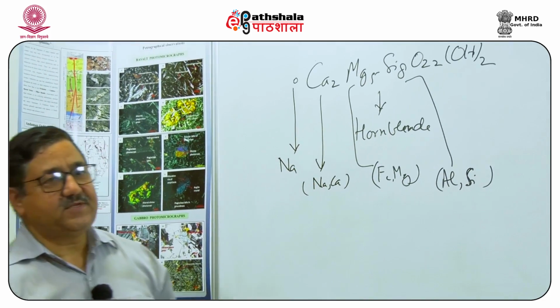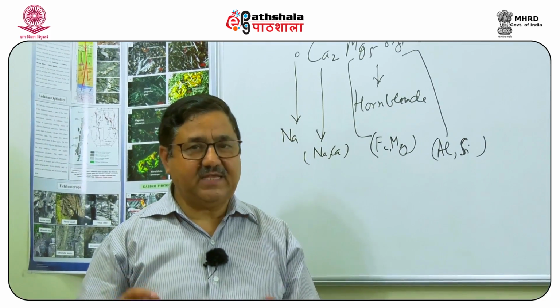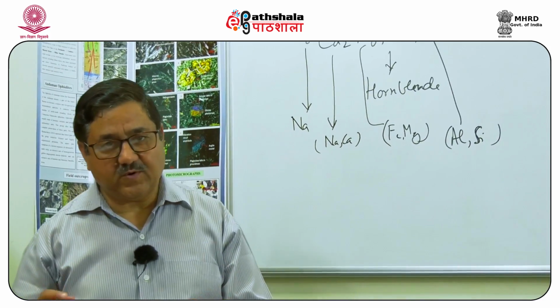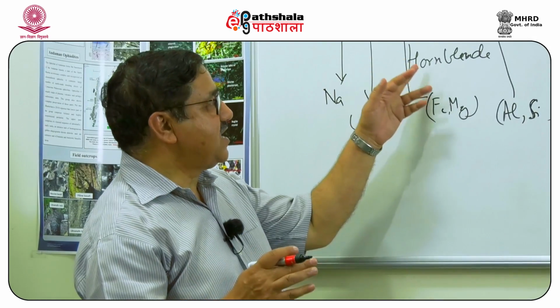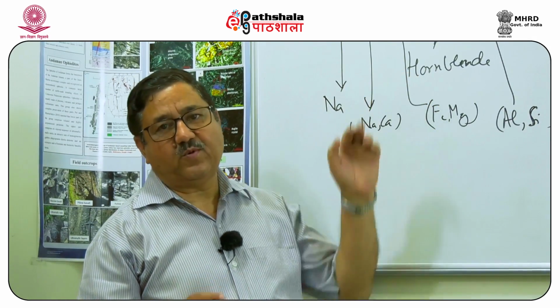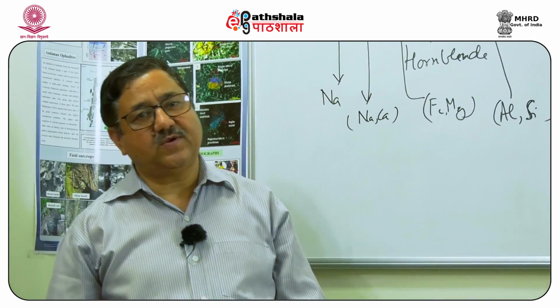These substitutions take effect with increasing temperature. So tremolite, with increasing temperature, transforms to an amphibole which is commonly present and is known as hornblende.